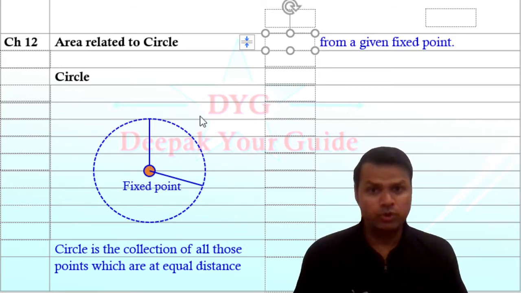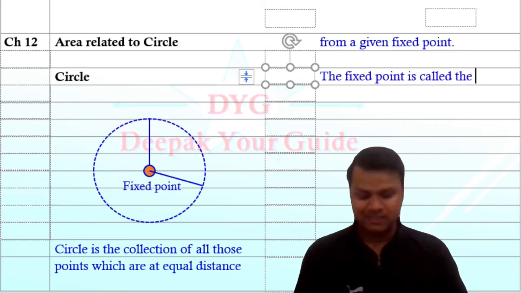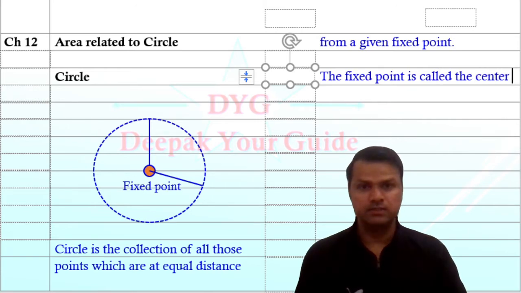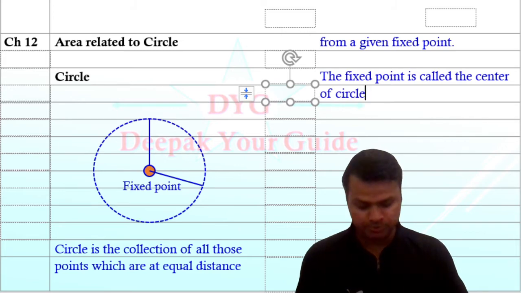Now, once we have understood what the circle is, we have a specific name for this fixed point and for this fixed distance also. So this fixed point is known as the center. The fixed point is called the center of the circle.